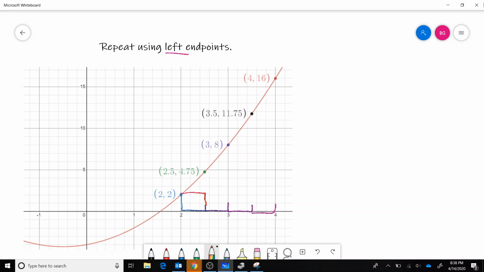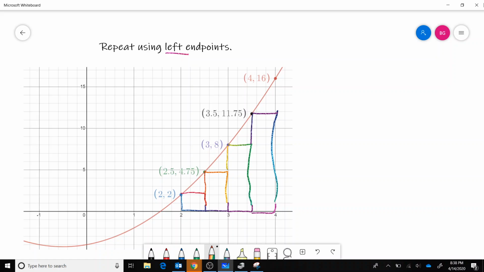Notice I didn't use the height of the right side over here. I used the height of the left side. The next box is going to look like this. Again, notice that I'm using the left side, not the right side. This next guy is going to look like that. And this last guy over here, it's hard for me to draw straight, it's going to look something like that.